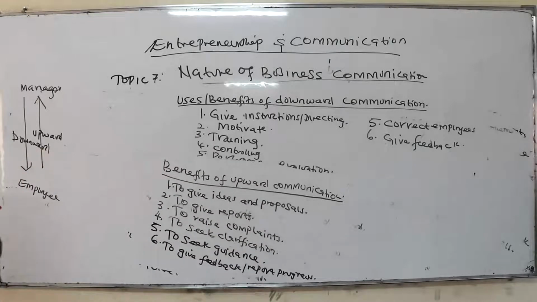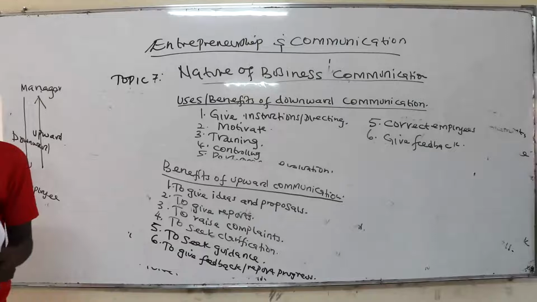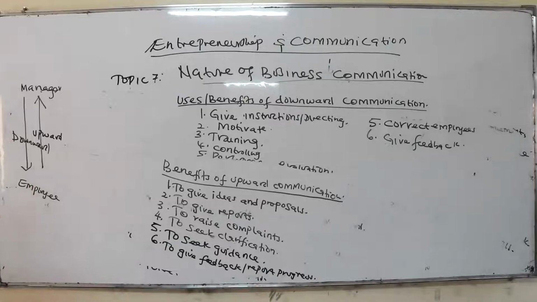Then we also said that formal communication processes can be vertical, horizontal, or diagonal. In vertical communication, people are not of the same status, for instance a manager with the employee, or the employee with the manager.